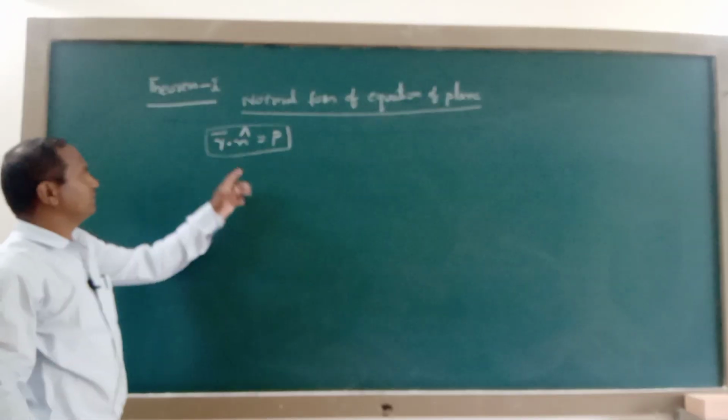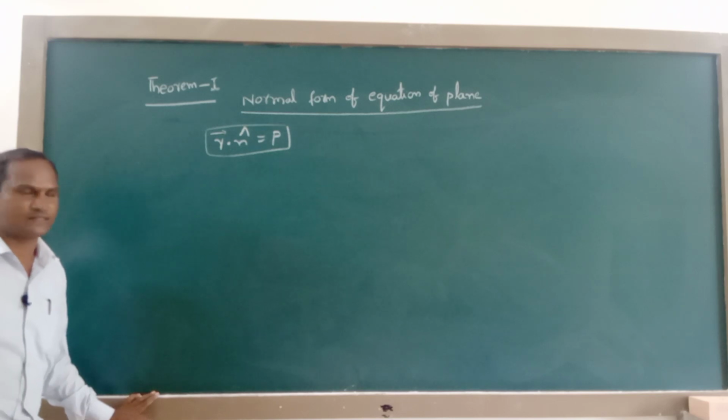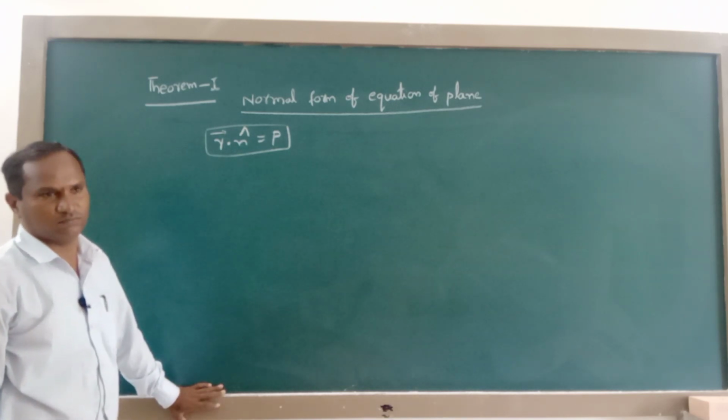Whenever you see this equation, r vector dot n cap equals p, it is always the vector form of the equation of a plane in normal form.